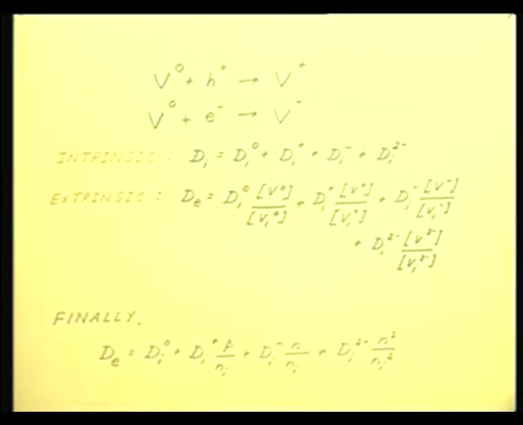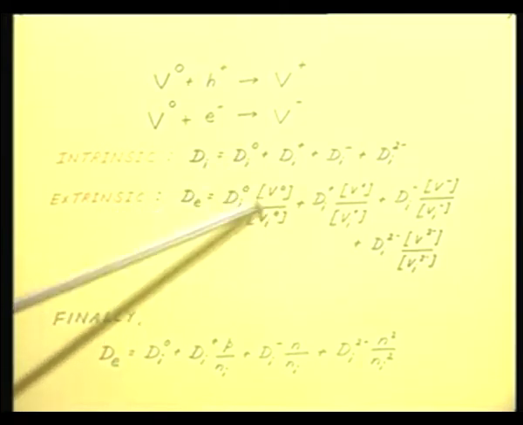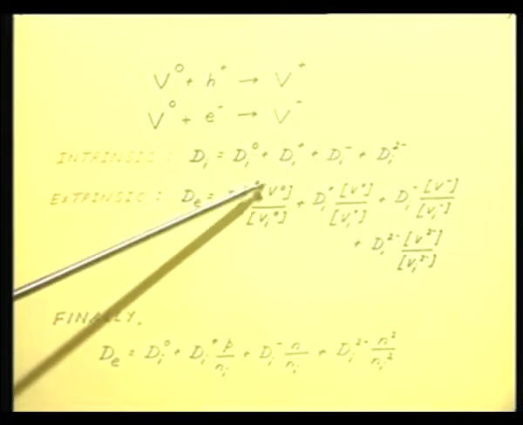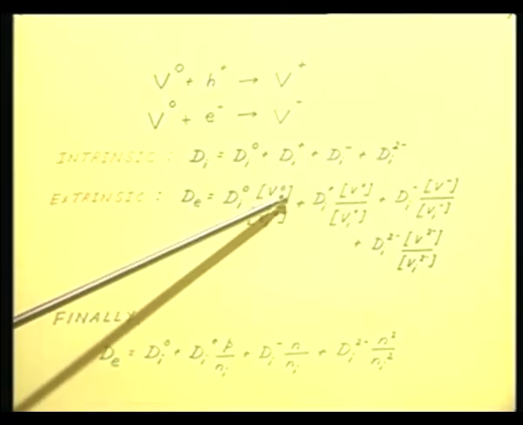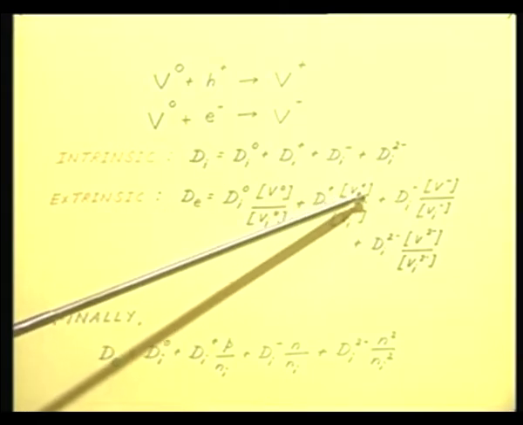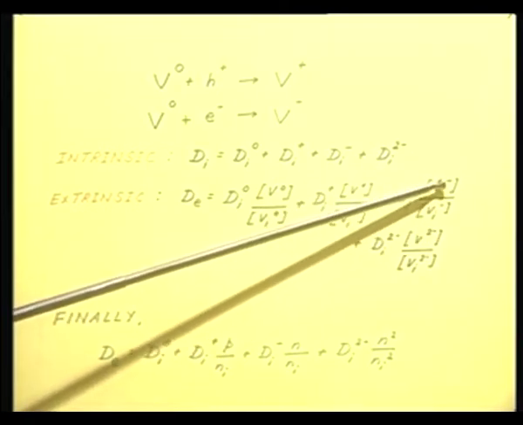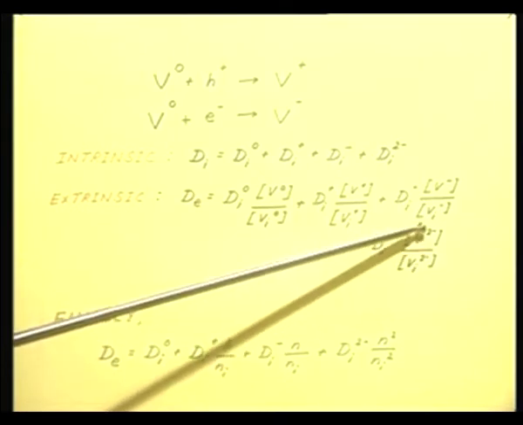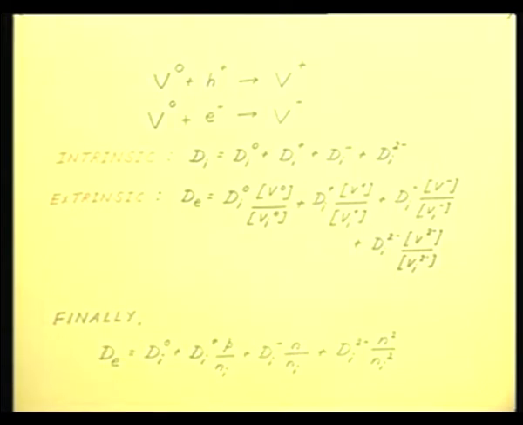And considering how they are related, I could express them in terms of the intrinsic diffusion coefficient as di0, concentration of neutral vacancies in the extrinsic and the intrinsic case. In this case also, concentration of the positively charged vacancies in the extrinsic and intrinsic case, concentration of negatively charged vacancies in the extrinsic and the intrinsic case, and concentration of doubly negatively charged vacancies in the extrinsic and the intrinsic case.